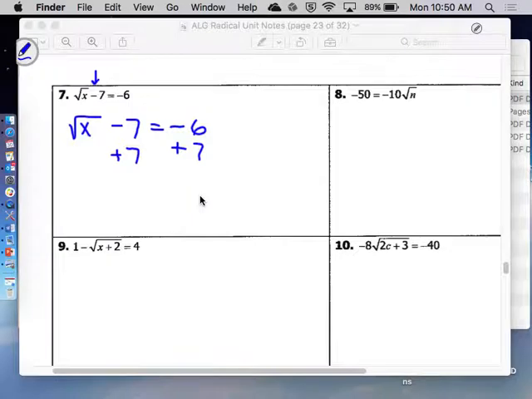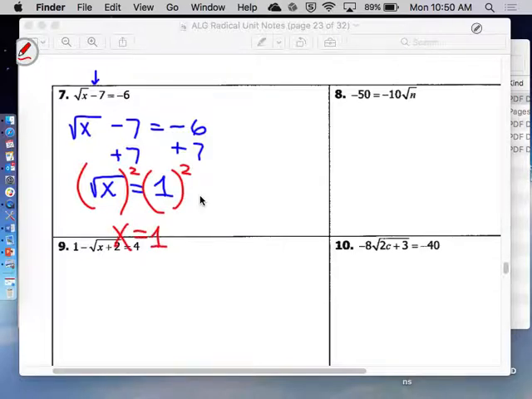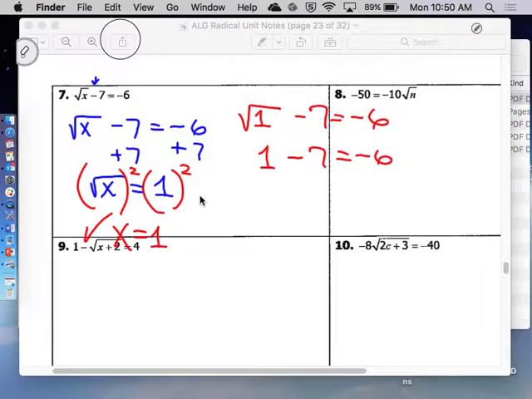So adding 7 to both sides, and you have radical x equaling positive 1, and then you square both sides, x equaling 1, and then you check your answer. Does the square root of 1 take away 7 equal negative 6? So the square root of 1 is just 1. So that's a true statement, so that solution checks.